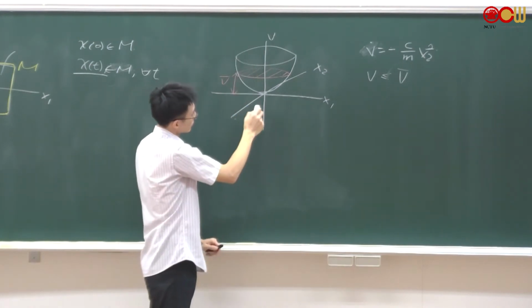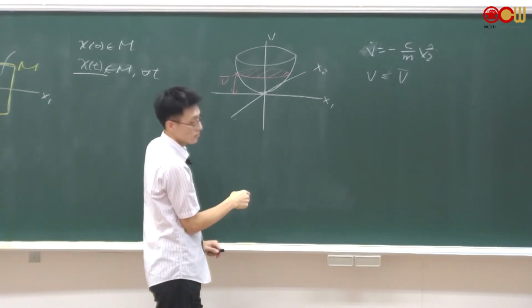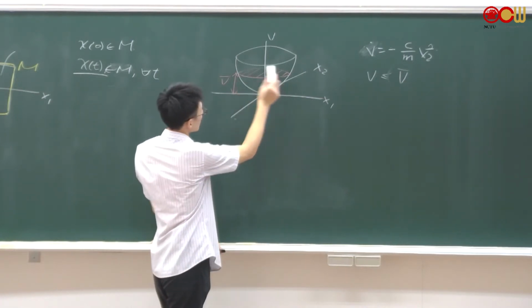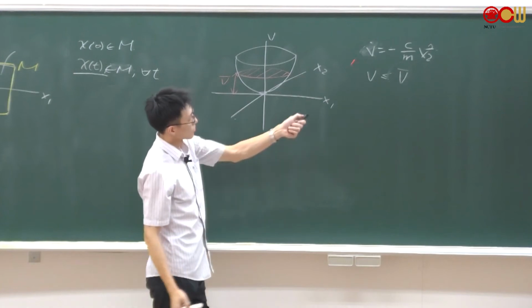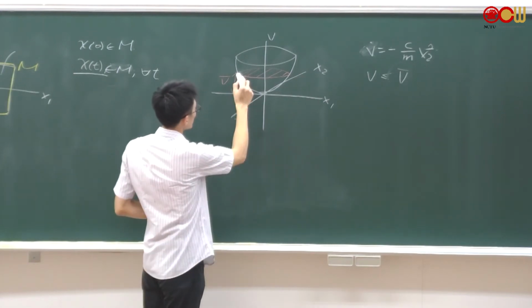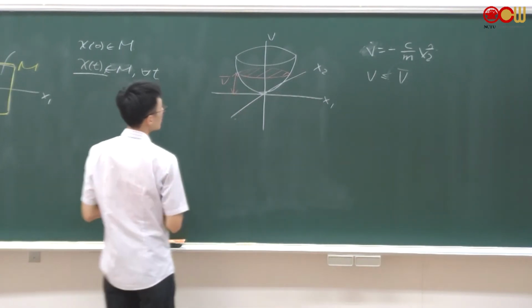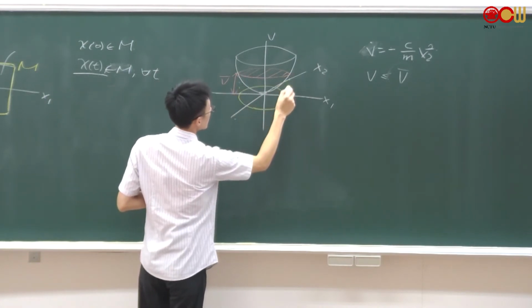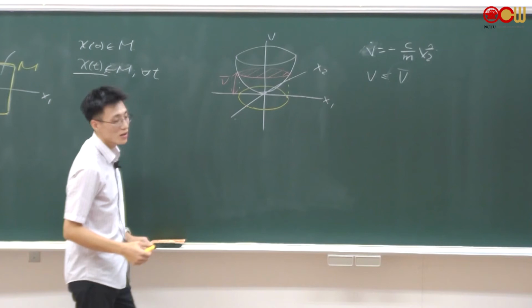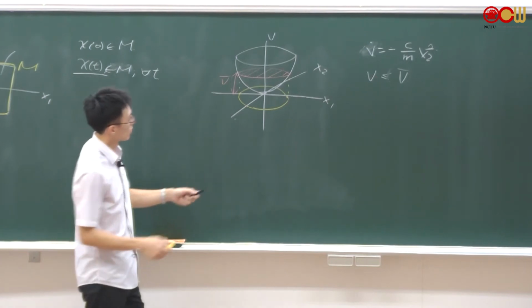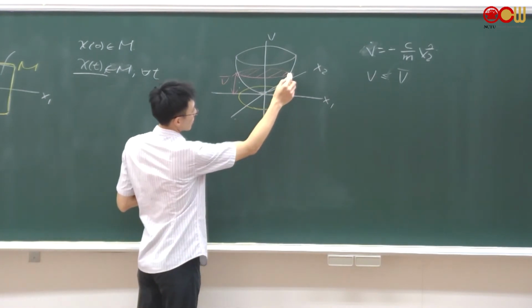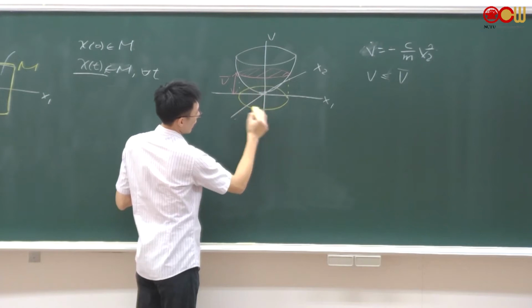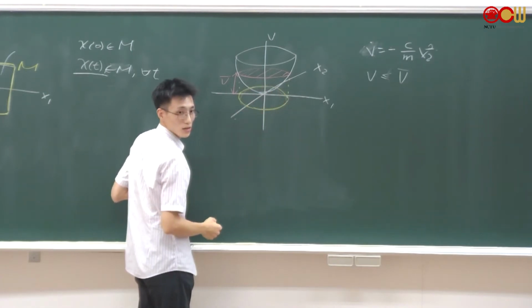So now we want to see what the phase portrait is based on this condition. The projection of this is some area, right? V cannot be greater than v bar. That means the projection is here, and this is the area of the invariant set, right?